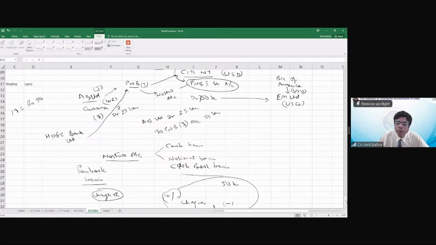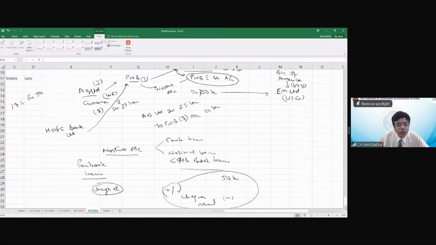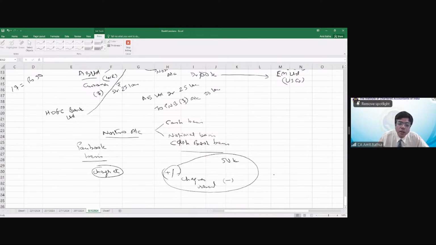Here also there will be one practical question which we'll be solving in the next session. So in the next session, predominantly, we are going to solve all practical questions on early delivery, cancellation, on extension, and then one question on nostro, vostro, and Loro. Okay, I hope this was all clear to everyone.